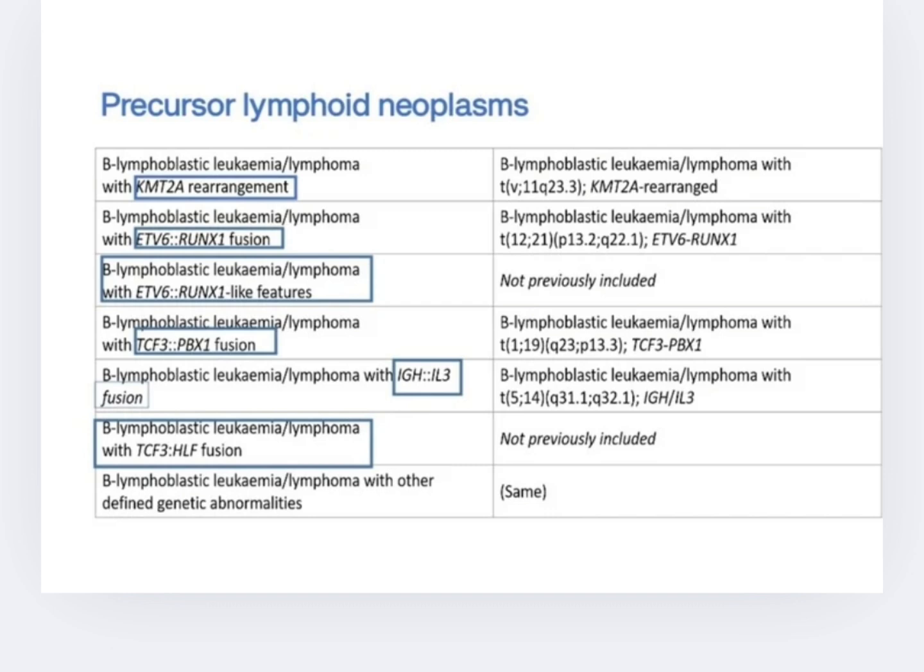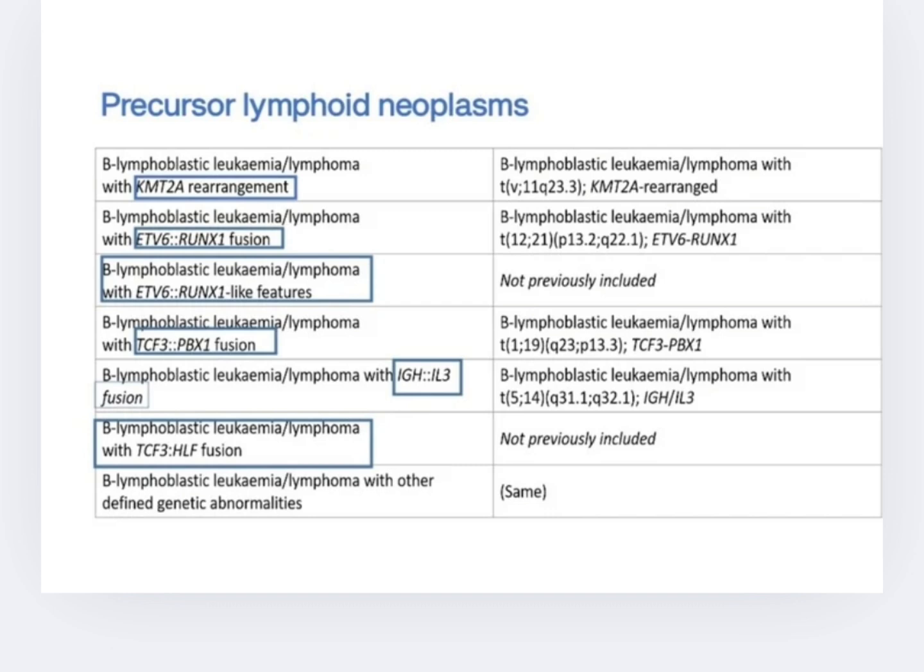Other differences are KMT2A rearrangement, ETV6-RUNX1 fusion, TCF3-PBX1 fusion, and B lymphoblastic leukemia with TCF3-HLF fusion.